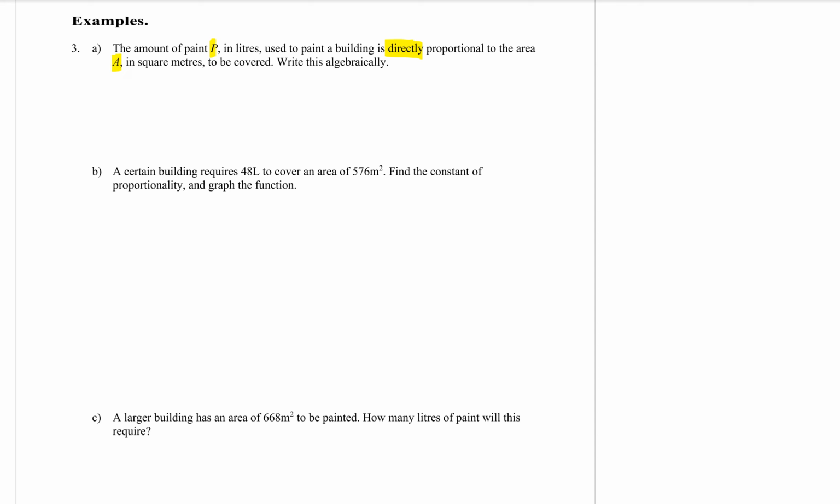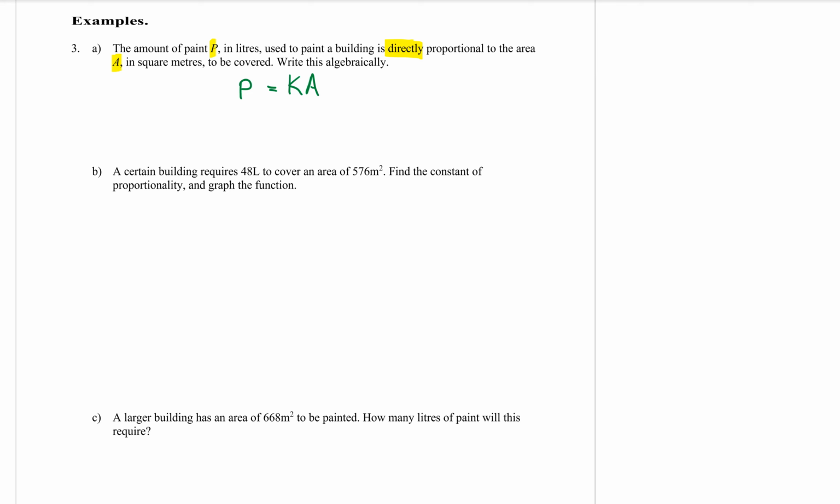Okay? So our paint, P for paint, is directly proportional to the A, and we know that we're going to have some constant of proportionality in there that we are going to have to find. That is what that is saying as an equation written algebraically. That's part A done.